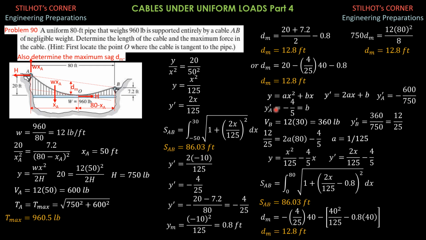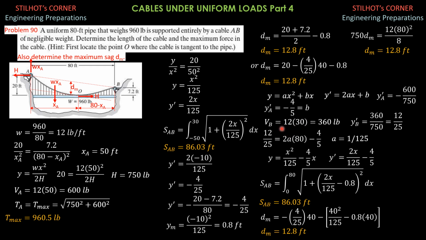So y prime at A is negative 4/5, and it is equal to b, because y prime at the origin A is negative 4/5 equals a times 0 plus b. So that's why b is negative 4/5, because this is 0 when x is 0.